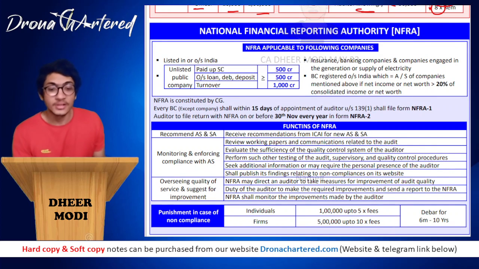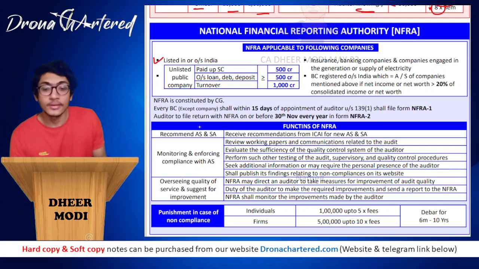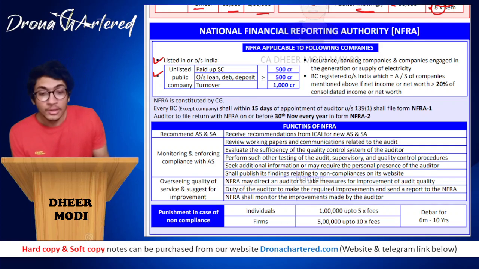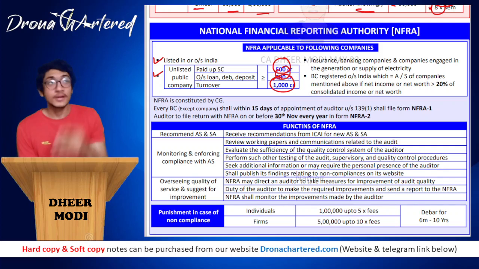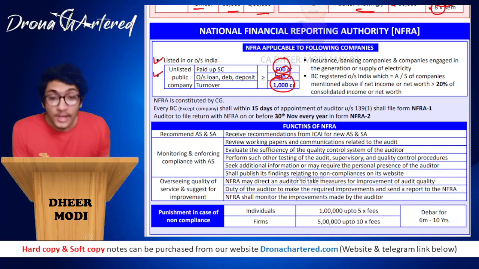Okay, now coming to your next part, that is your NFRA, the National Financial Reporting Authority. Your National Financial Reporting Authority is applicable to the following companies. Any listed company, if you're listed in or outside India, it is applicable. Or if you're an unlisted public company with paid up share capital, outstanding loan, debenture, deposit, or turnover, that is your POT, greater than or equal to 500, 500 and 1000 crores.